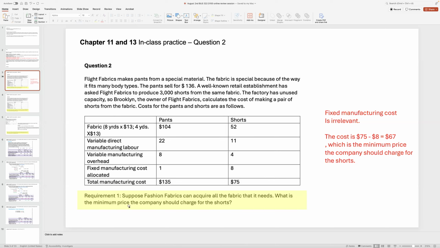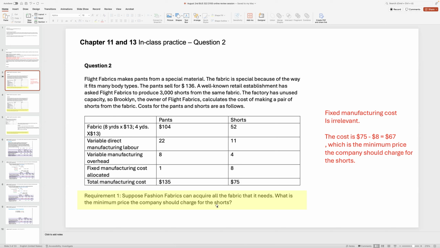What is the minimum price the company should charge for the shorts? The idea here is what would be the minimum price a company should charge. The minimum means that you are not losing money. You may not be making money, you just break even. The revenue equals cost. So that will be the minimum price.